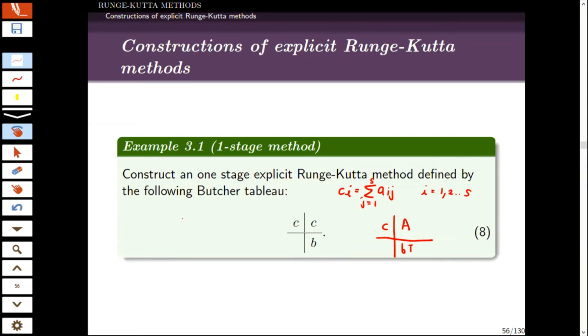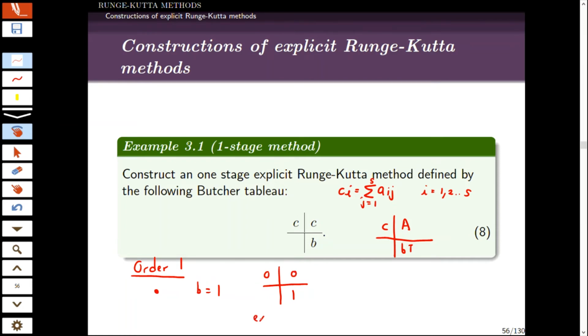Okay, so what is the condition to satisfy order 1? There's only one condition to satisfy order 1. You looked at it in the last week's video, which is this tree. This is the only tree for order 1, which is b equals 1. So if b equals 1 and c equals 0, what do we have?